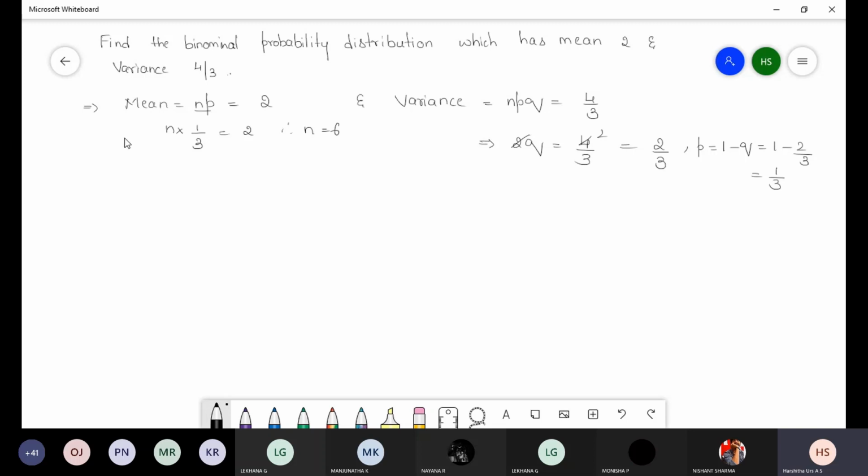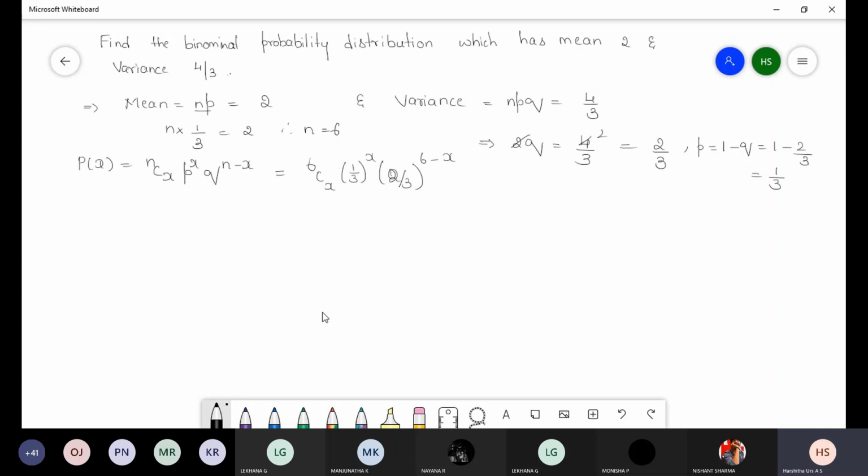So now we have to write the formula. P of x is equal to NCx P power x Q power N minus x. So substitute the given. N is 6, C, x I write as it is. P value is 1/3 whole power x. Q value is 2/3 whole power 6 minus x.